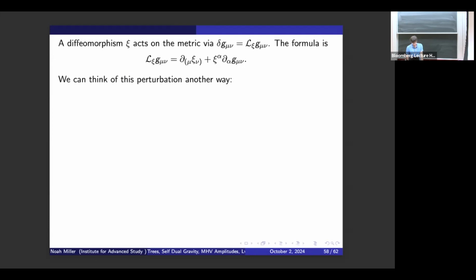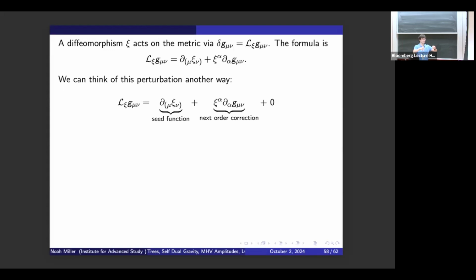But you can think of the Lie derivative acting on a metric as a perturbation to the metric. We can also think of this perturbation another way: as adding in this seed function to the metric. And then if you want to consistently solve some equations of motion, you would find that you actually needed the second.